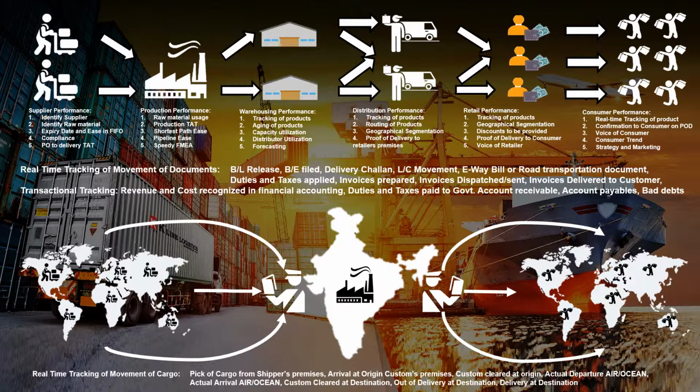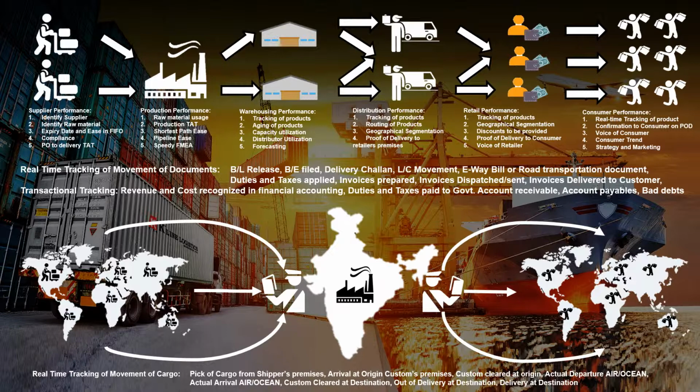What are the duties and taxes paid to the government, from which account. So many things can be tracked in a manufacturing unit itself, not just goods or cargo related. The barcode or QR code helps to have end-to-end visibility, from issuing a PO for a raw material to getting a payment from the customer.